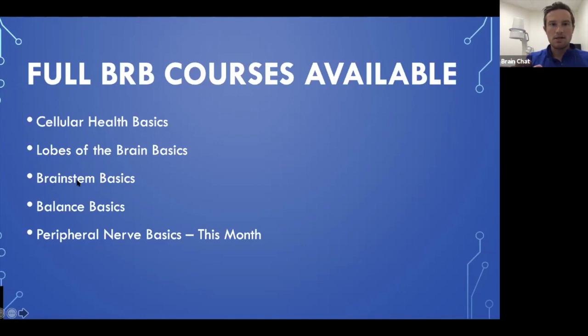And then we went into brainstem basics, and then I did 4 hours on balance basics. And then this month I'm doing peripheral nerve basics. It's a little bit more dry, but it's still really good information for anyone that's interested in learning more. If you're a practitioner or if you're taking care of someone at home, it could help you out.